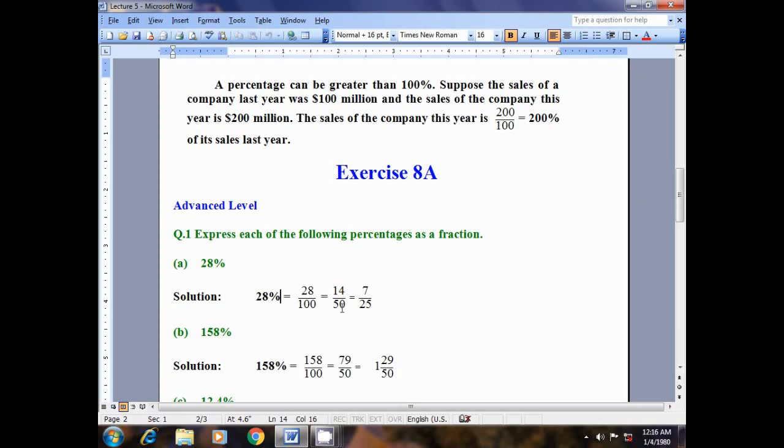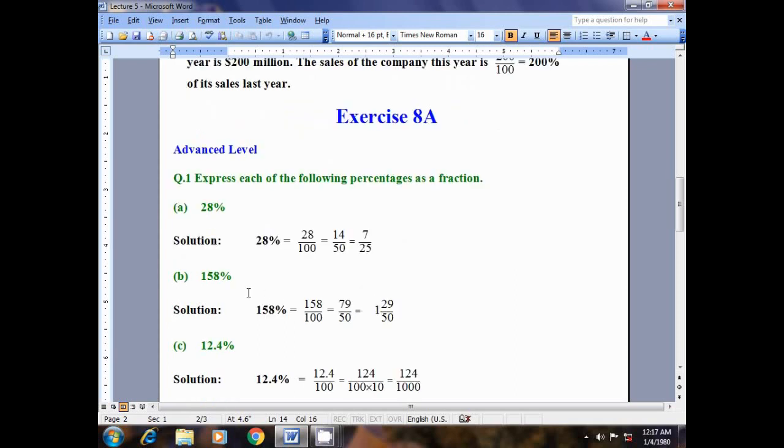If we divide 50 by 2, the quotient will be 25. Now this is the simplest form of this fraction. First we converted the percentage into a fraction, and then we simplified this fraction into its lowest form. 7 divided by 25 cannot be divided further. So this is the simplest form.